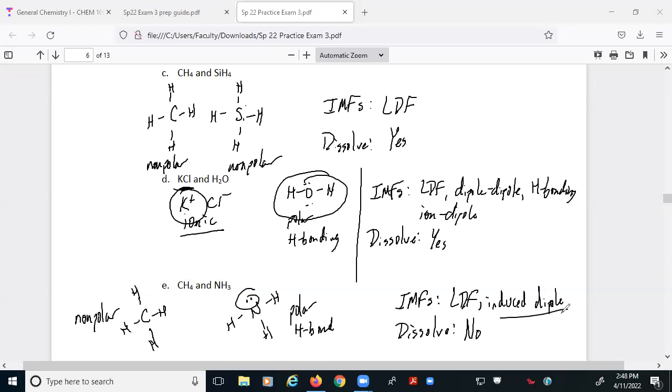So on a question like that, that's what you really need to do. Break it down into its pieces and do some comparisons. If they are the same kinds of things, then we know that it dissolves. If they are different kinds of things, we know that it will not dissolve. And as far as identifying the intermolecular forces are concerned, you just pick up the ones that are there.